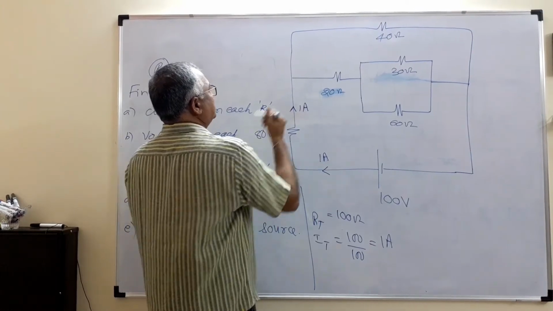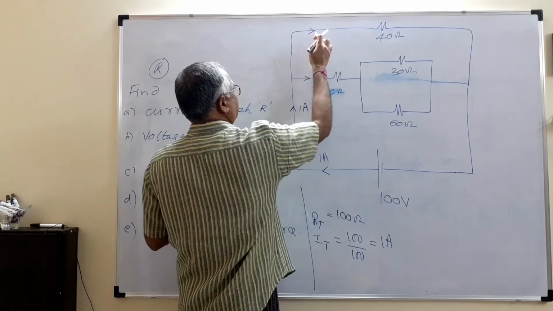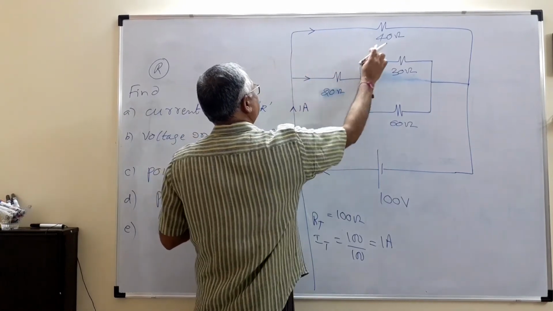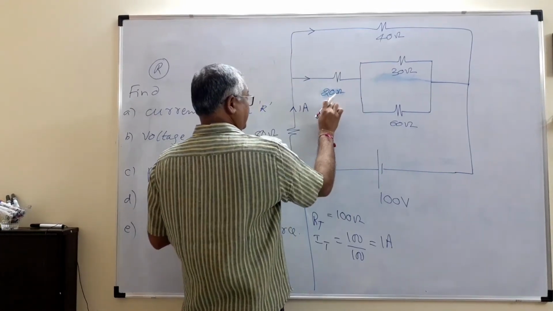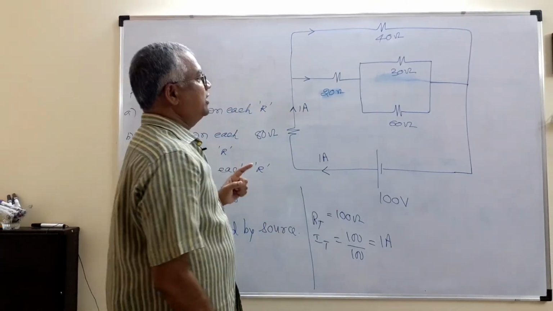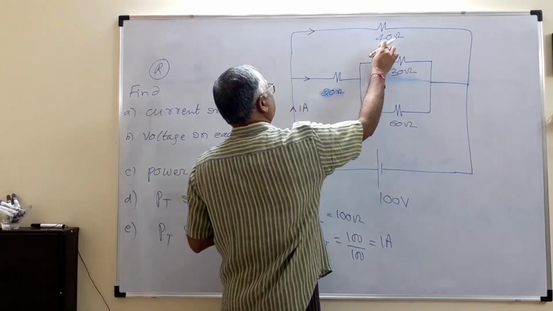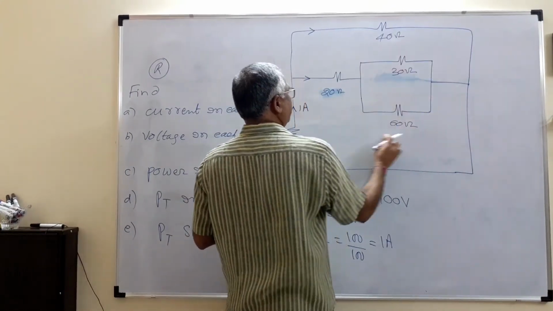This 1 ampere further divides. Some will flow here, some will flow here. Don't apply current division between 40 and 20, because 40 and 20 are not parallel. Which are parallel? This total equivalent is parallel with 40. But what is this total equivalent?